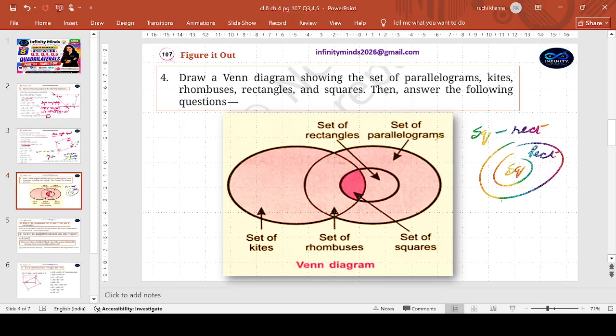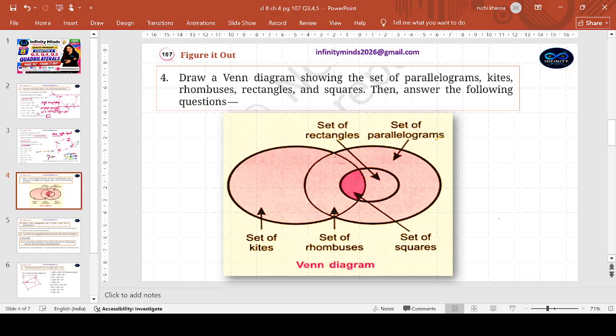But with the inclusion of rhombus, our diagram slightly changed to this. The common part is your square. It has the properties of rhombus as well as rectangle. So the logic hasn't changed, but the shape keeps changing. Similarly, when you are expected to include all these, eventually that's the kind of diagram you come up with. Starting from the innermost, the double shaded, this is your set of squares.